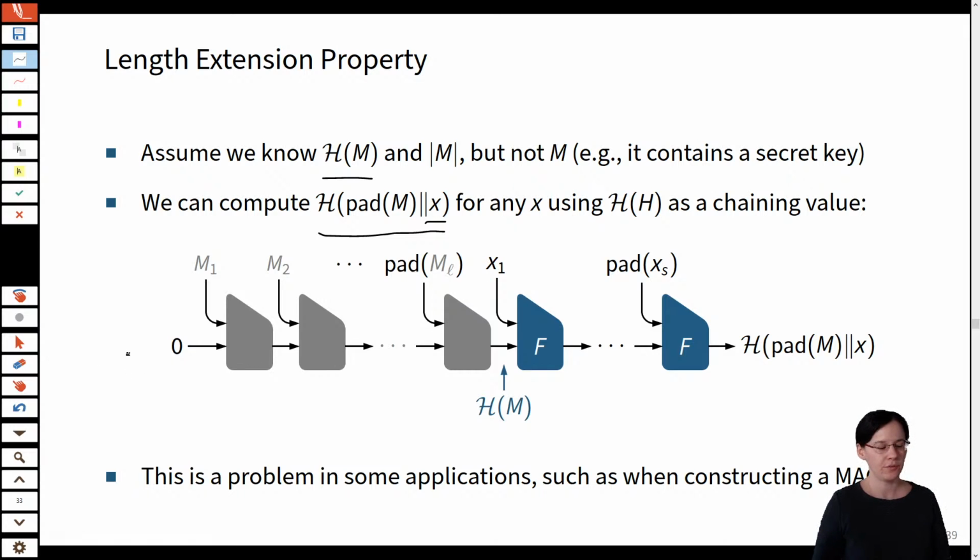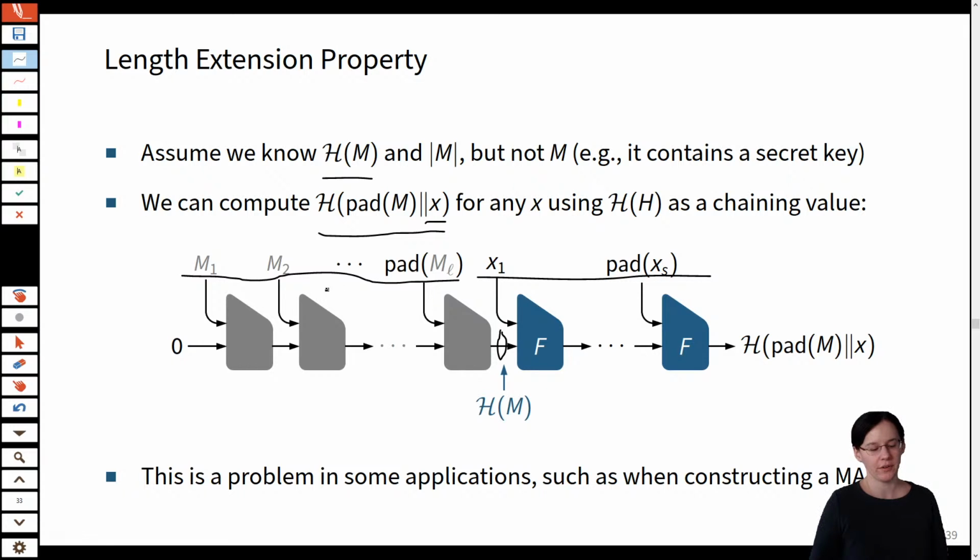And this is for the following reason. If we know the hash of M, then we know this intermediate result here, which we get after applying the compression construction here to all the blocks of M, including the padded last block. So if we know this output here, we also know the chaining value that would later be used if we appended some other value x to the end here.